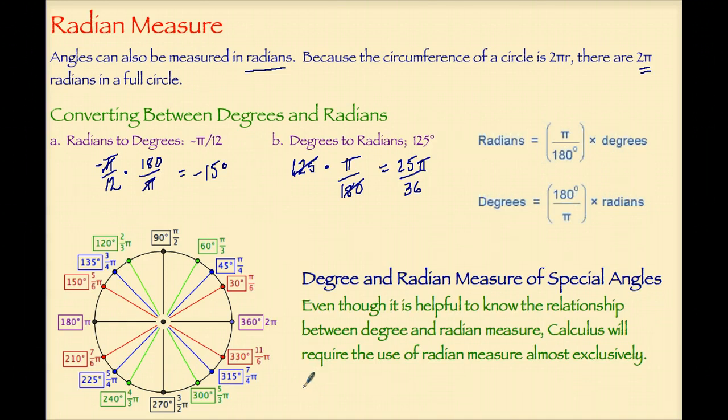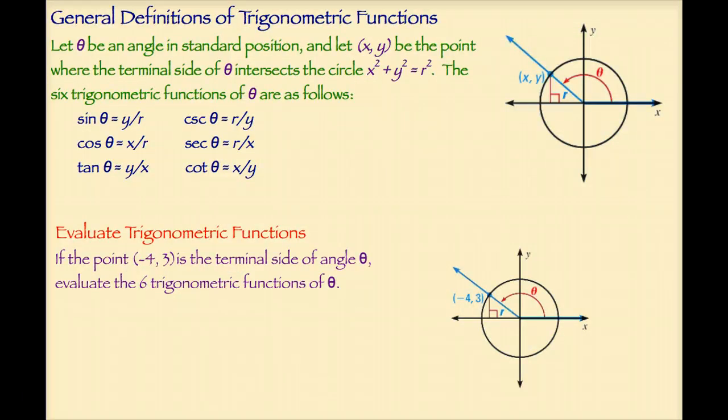Special angles are any multiples of 30 degrees, 45 degrees, 60 degrees, of course 0, 90, 180, 270, etc. Those are the special angles that we deal with most frequently. Even though it is helpful to know the relationship between degree and radian measure, calculus will require the use of radian measure almost exclusively.